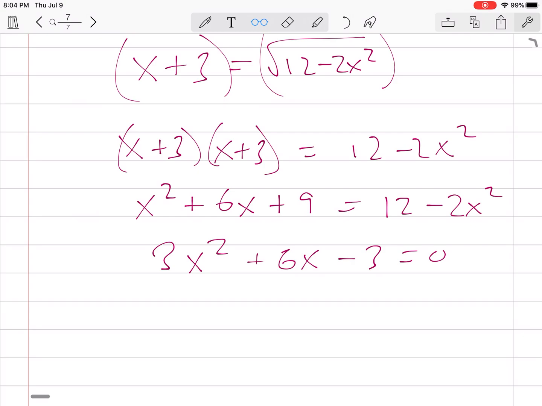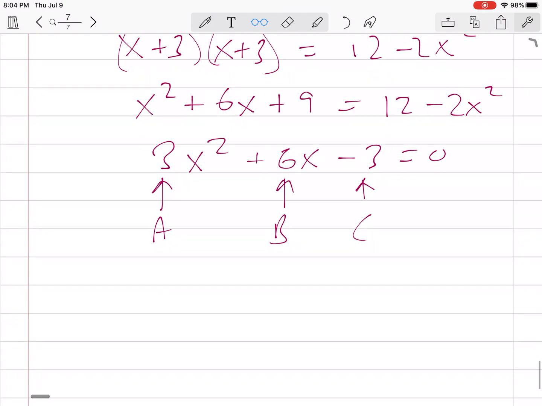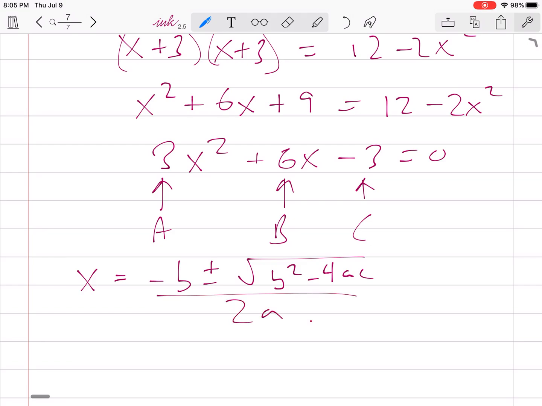So what you have here is A, B, and C. Okay, so if you remember your quadratic formula, negative b plus or minus the square root of b squared minus 4ac, all over 2a. So this is what you would use if you're unable to factor it using traditional methods. So it's too complicated, which it is in this case.